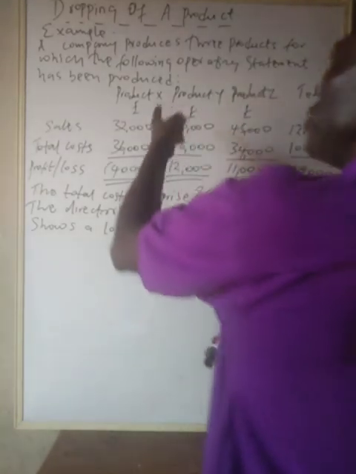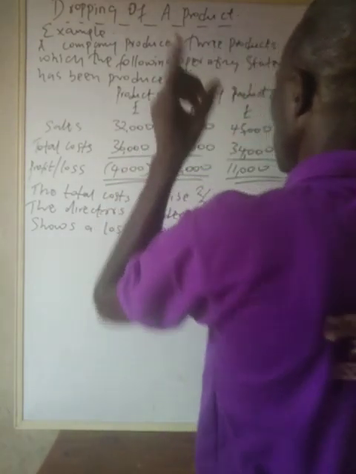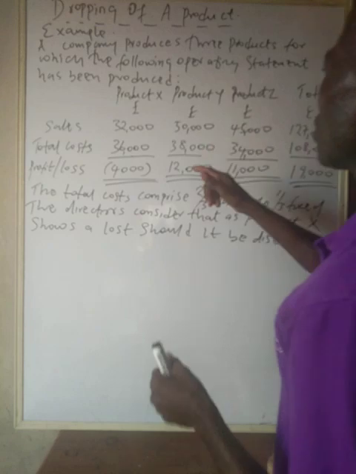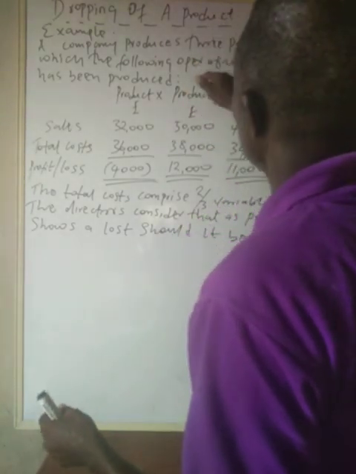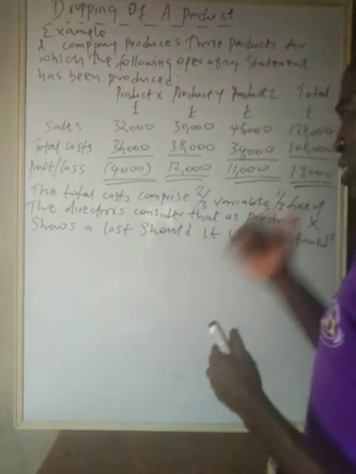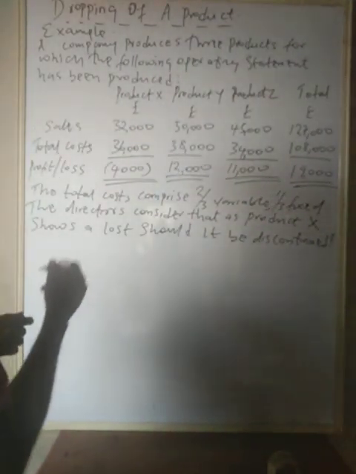Whether you discontinue product X or not, the fixed costs have to be catered for by the other two, because fixed cost is fixed. That is a feature of cost.